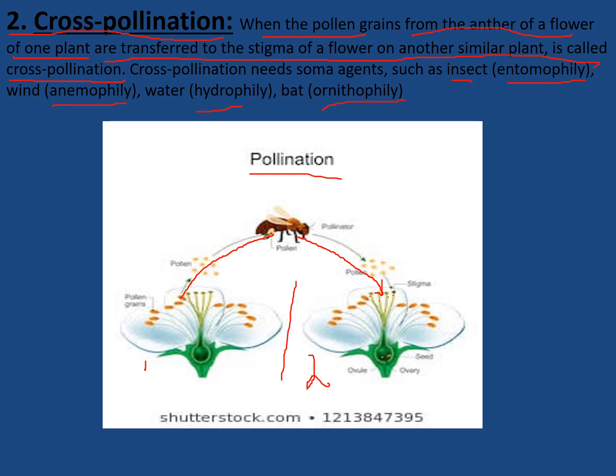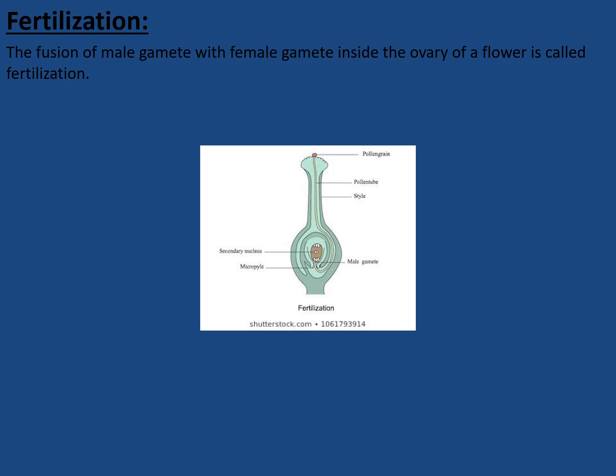Done. Next, the last part of this video is fertilization. What is fertilization? After this pollen grain is transferred to this stigma, the pollen grain will split up to form the male gamete, and then this male gamete will be transferred inside this ovary, and inside this ovary the egg cell, that is the ovule, and the male gamete will be fused together.